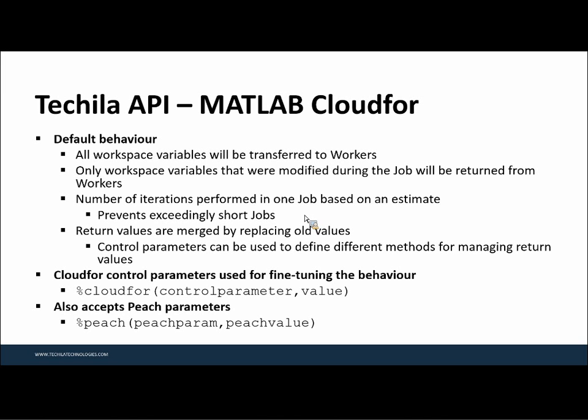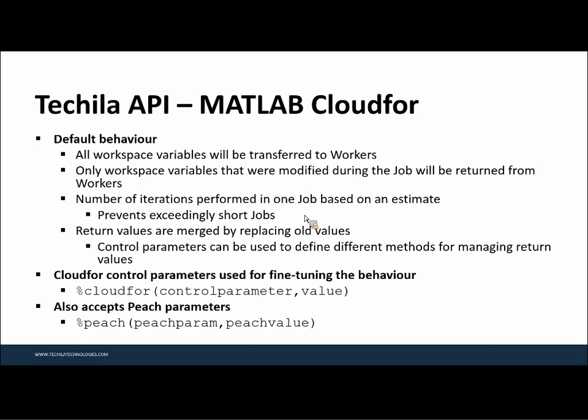Because in that type of situation, it wouldn't make sense to create a project consisting of 1,000 jobs, and each of those jobs would just execute one iteration, which would multiply the value of the iteration counter by 2. Instead, it makes more sense to group the iterations together so that we process all of the iterations in one job, or for example, half of the iterations in 2 jobs.